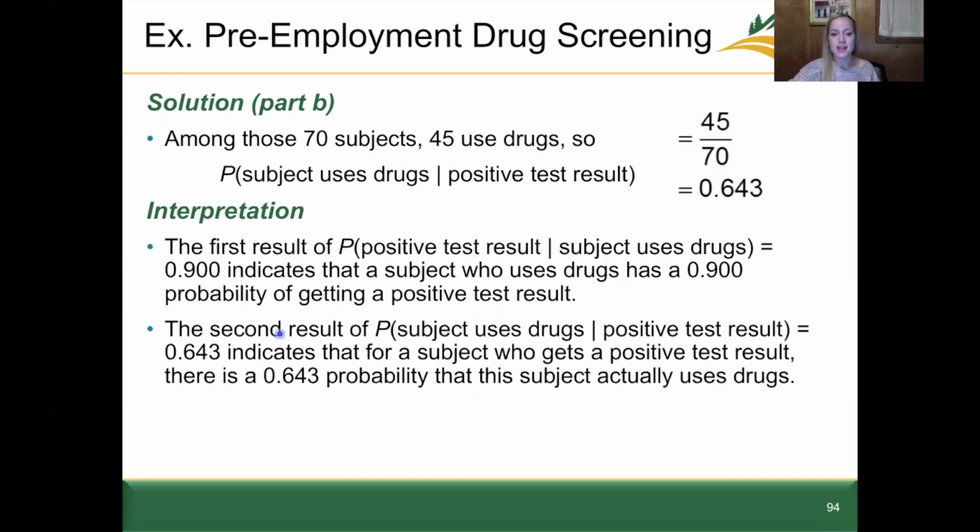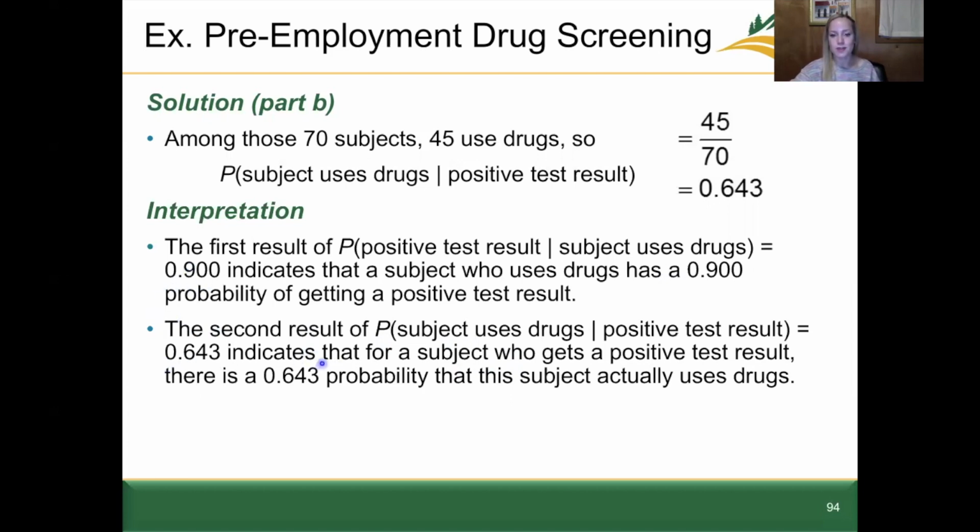In part B, in the second result, we get a probability that the subject uses drugs contingent on them getting a positive test result is equal to 0.643. This indicates that for a subject who gets a positive test result, there's a 0.643 probability that this subject actually uses drugs. So just slightly different cases here that we calculated the probability for.